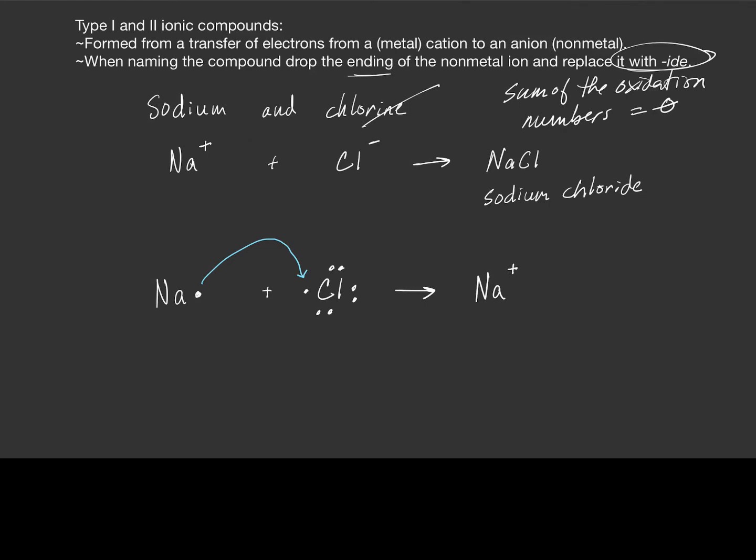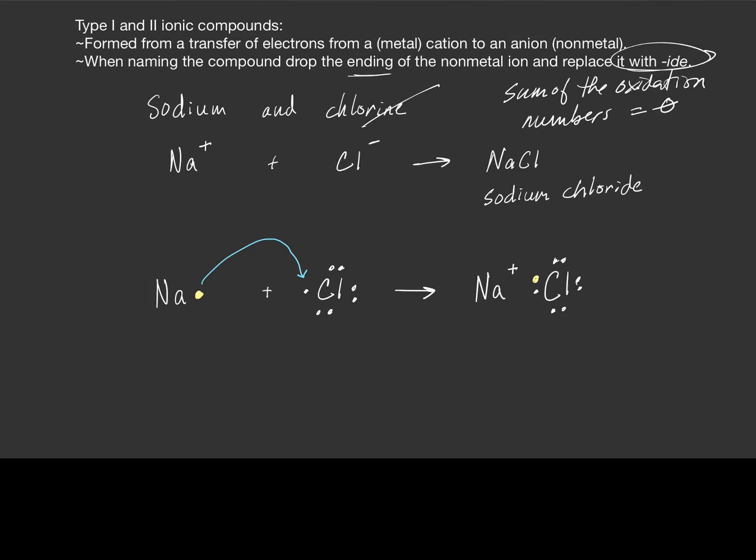Okay. Now we see our chlorine. It already had 1, 2, 3, 4, 5, 6, 7. And so this 1 electron that's right here is now over here in this space right there. So I'm going to put that there for you to see.